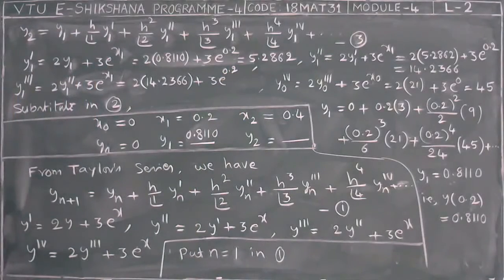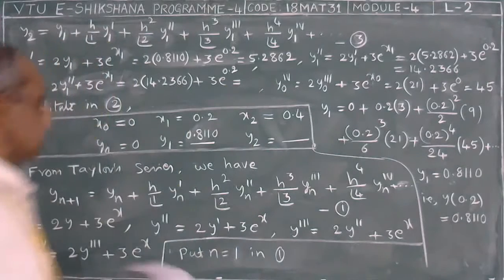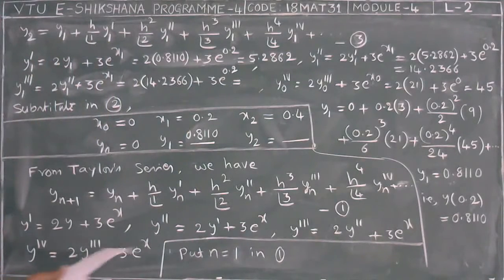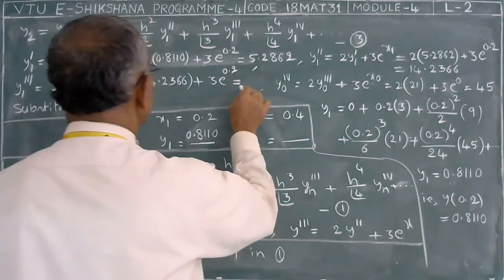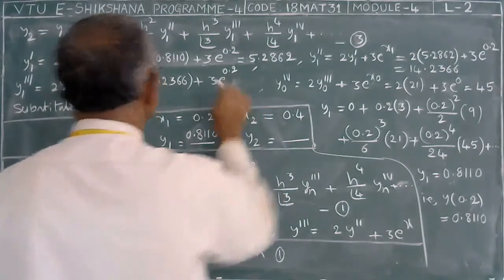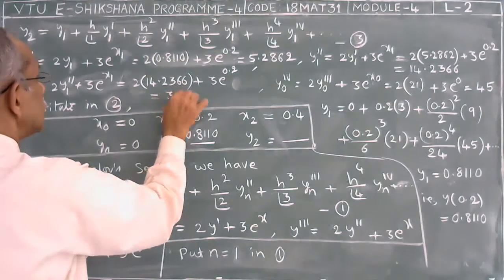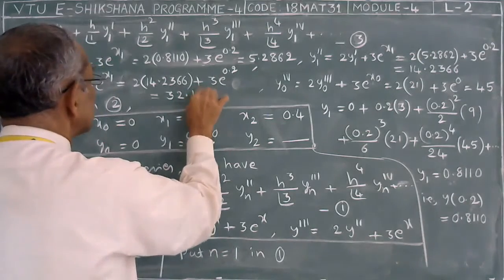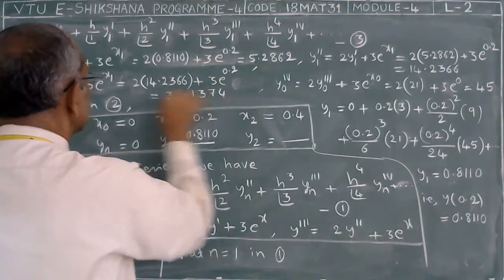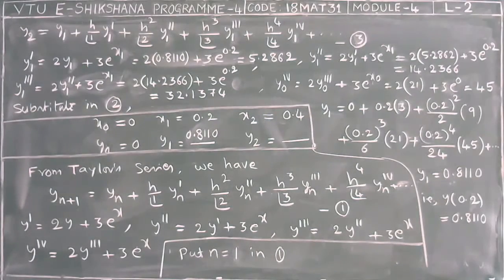So y1 triple dash is equal to 32.1374. So this is your y1 triple dash.